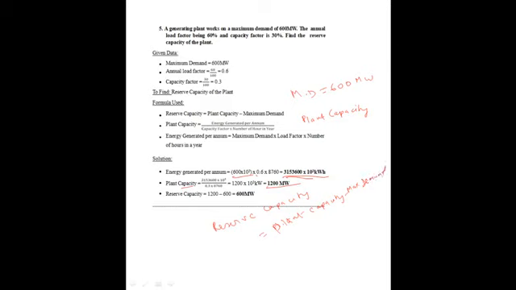Plant capacity is coming around 1200 megawatt minus the maximum demand given in the question, 600 megawatt. So the answer for reserve capacity will be 600 megawatt.